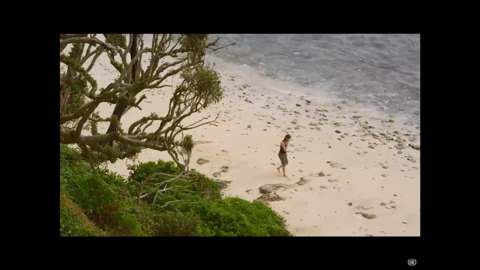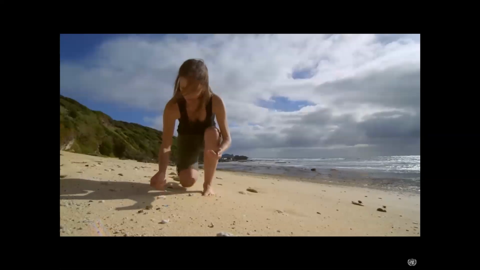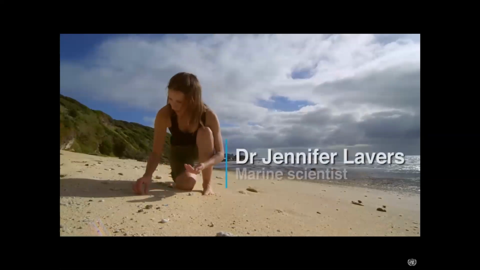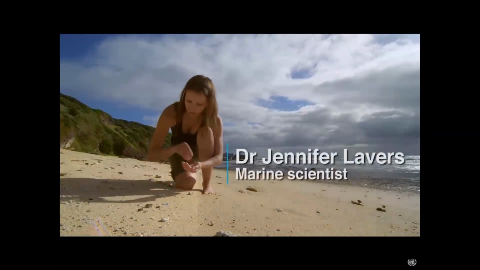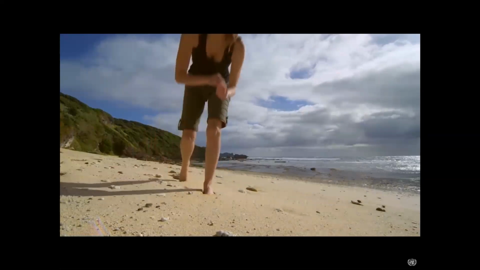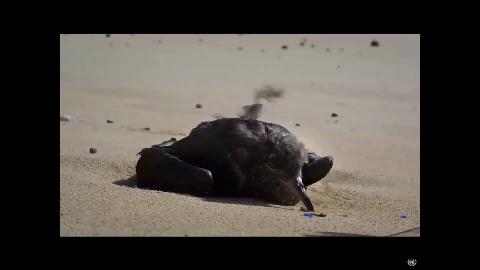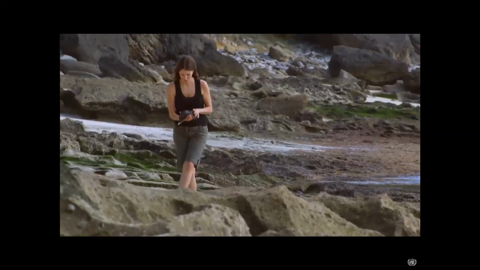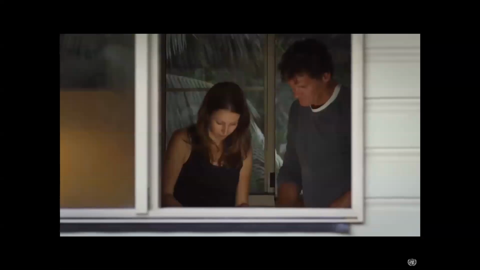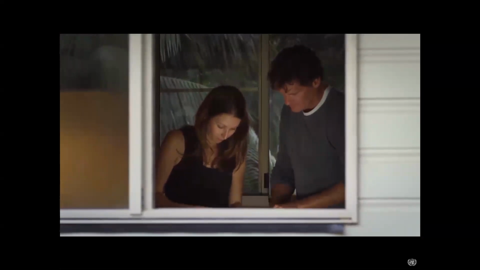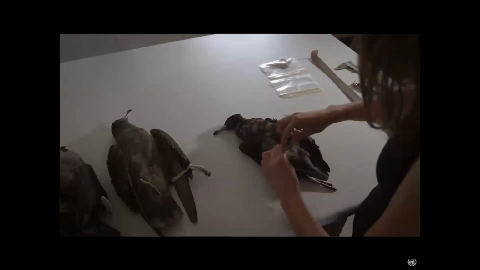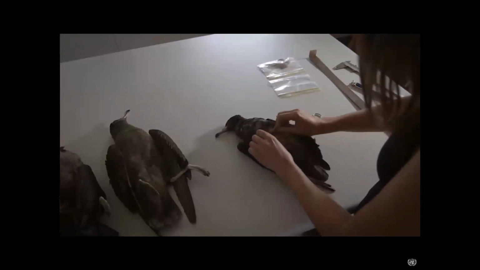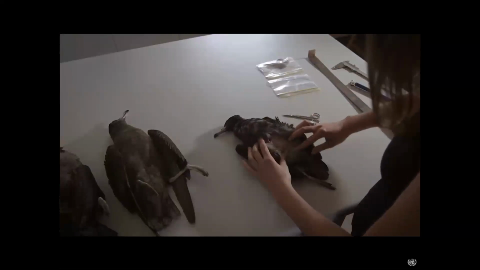Dr. Jennifer Lavers, she's devoted her life to studying the plight of seabirds. Shearwaters are incredible birds. They migrate thousands of miles, stopping only here to breed. Yeah, the stomach is very, very full.